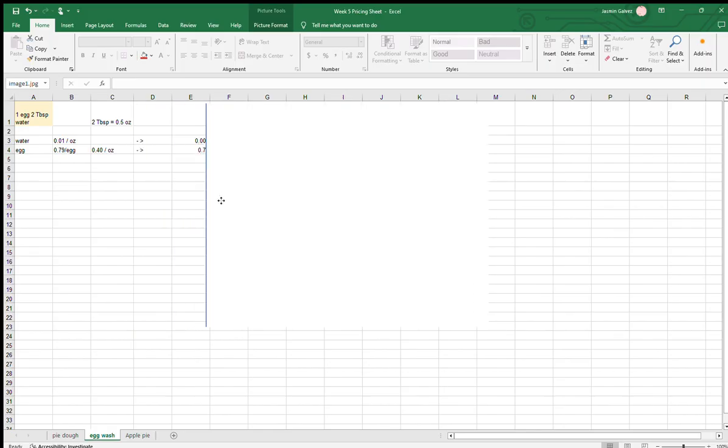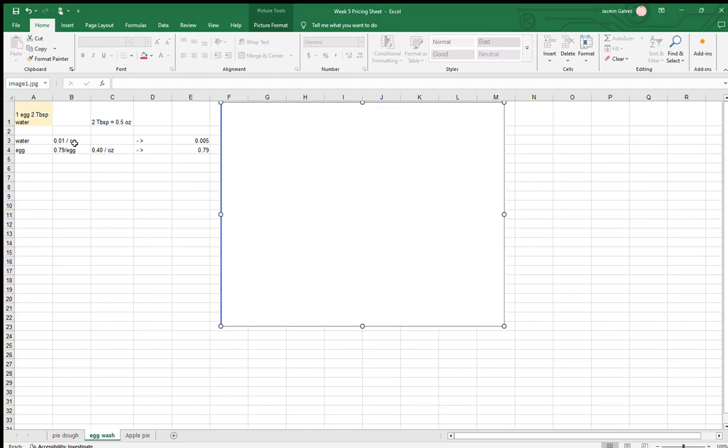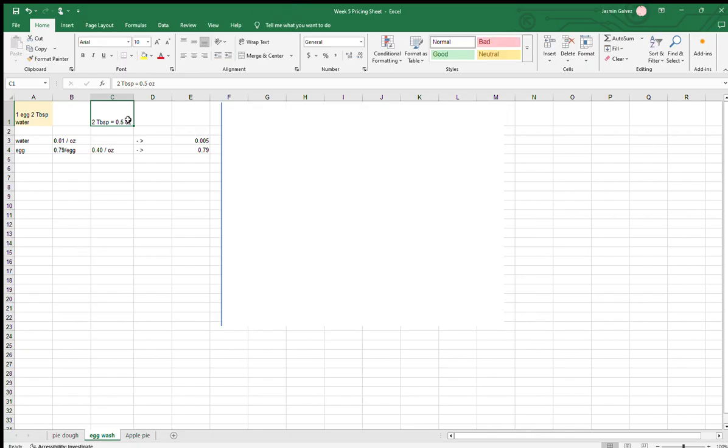Moving along. So what I did over here was multiply 0.5 times 0.01 in order to get 0.005. And then of course 0.79, because we're only using one egg, that transfers over.